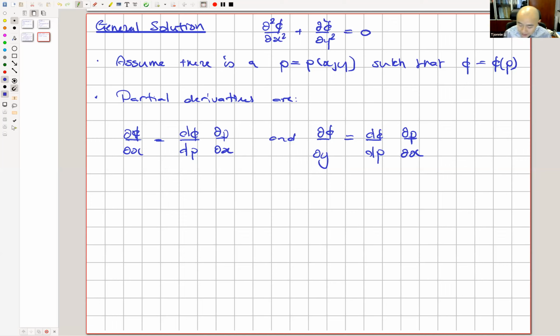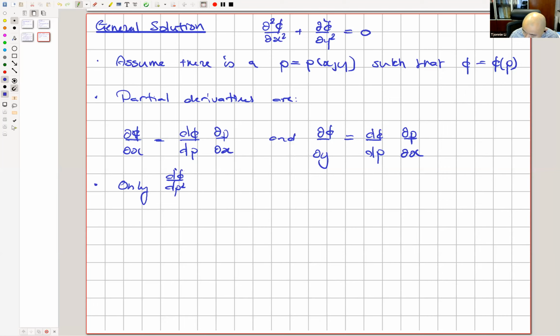So what I want is, if you look at the structure here, especially at the two first partial derivatives, that we want only d phi dp squared.